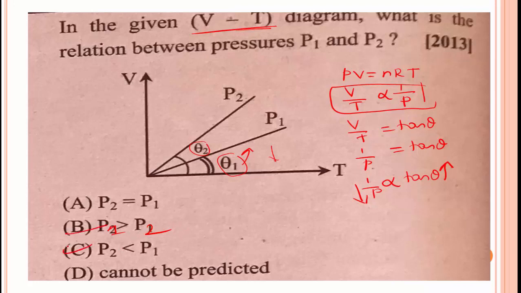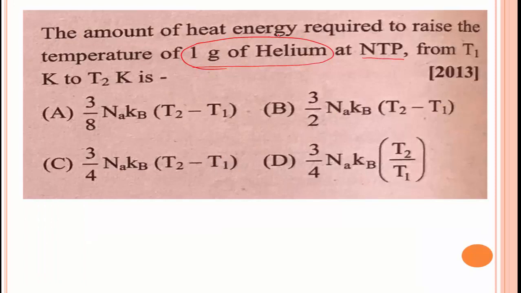The amount of heat energy required to raise the temperature of 1 gram of helium at NTP, normal temperature and pressure, from T1 Kelvin to T2 Kelvin. We know the energy formula, the law of equipartition of energy theorem, that is E is equal to f by 2 nRT, or f by 2 N kT.